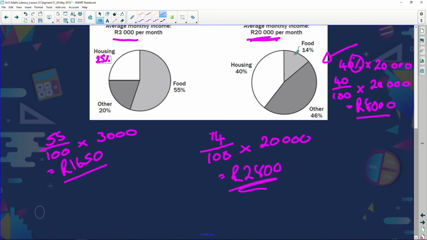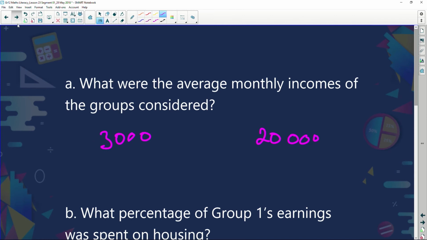Although this is a smaller percentage, 14%, and this is 55%, the amount is a lot bigger. Why? Because that 14% is based on the 20,000, whereas this 55% is based only on 3,000 Rand. Okay, interesting stuff, eh? We can just get this information from our graphs.